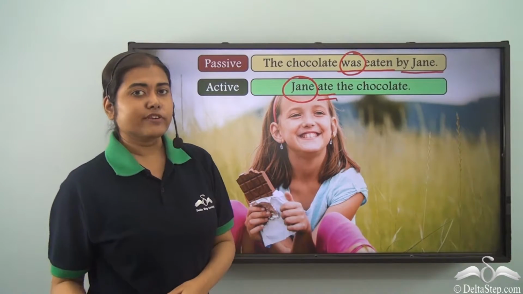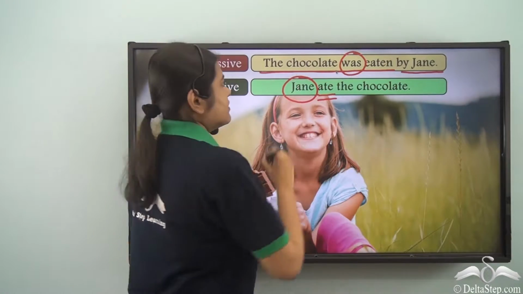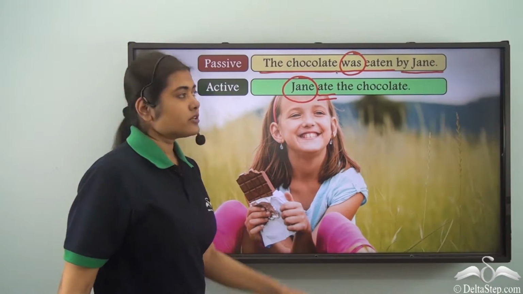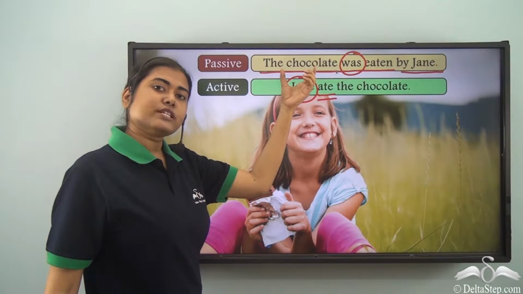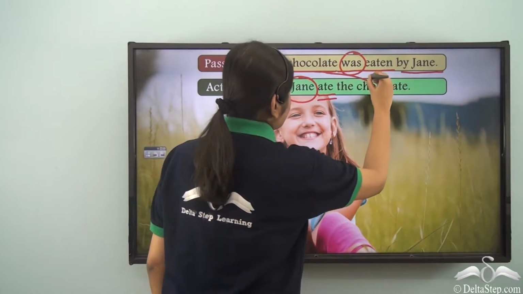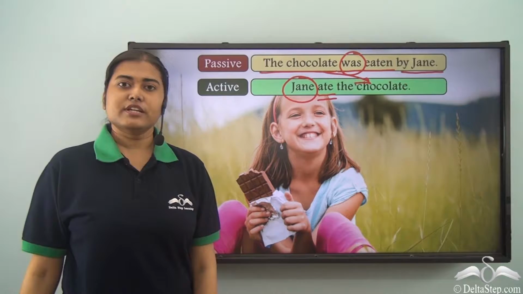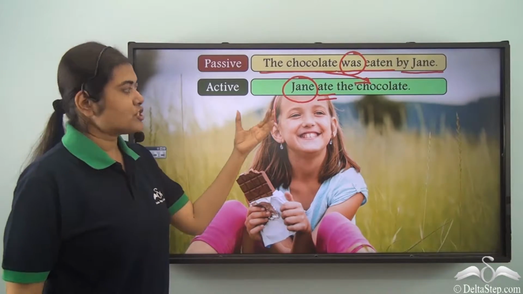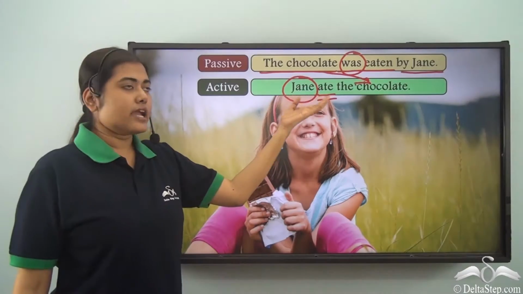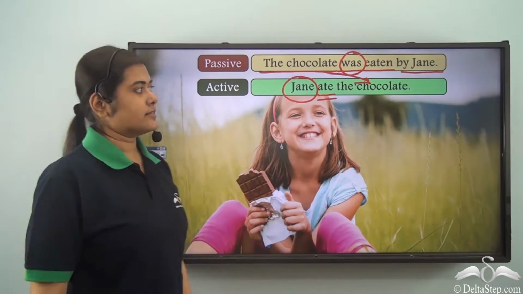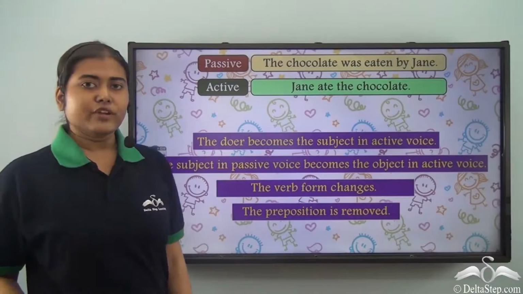After that, what will be the object? The receiver of the action. Now, the receiver is the subject in the passive voice. So, this moves to the object position in active voice. So, what is our sentence? Jane ate the chocolate.